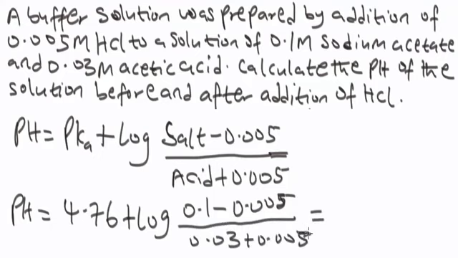So let me punch everything together with my calculator here. Okay, so I have the pH value to be 5.19 if you are leaving it in two decimal places. So this is the pH after addition of 0.005 mole of hydrochloric acid to this buffer solution.